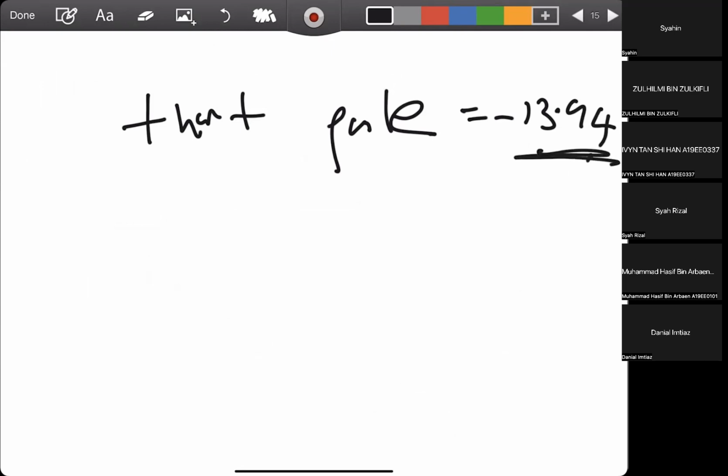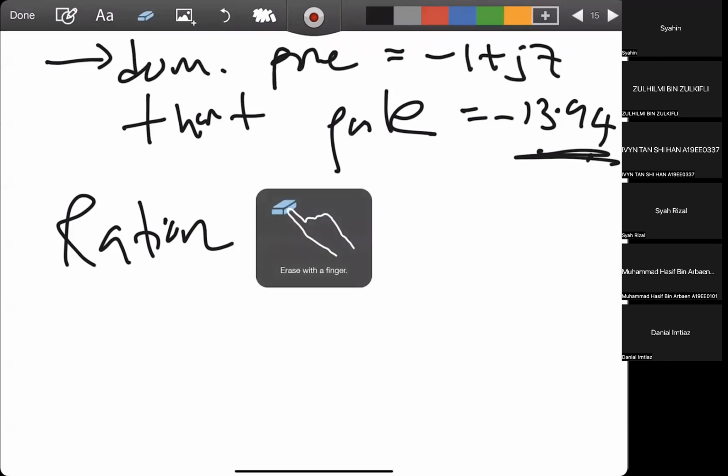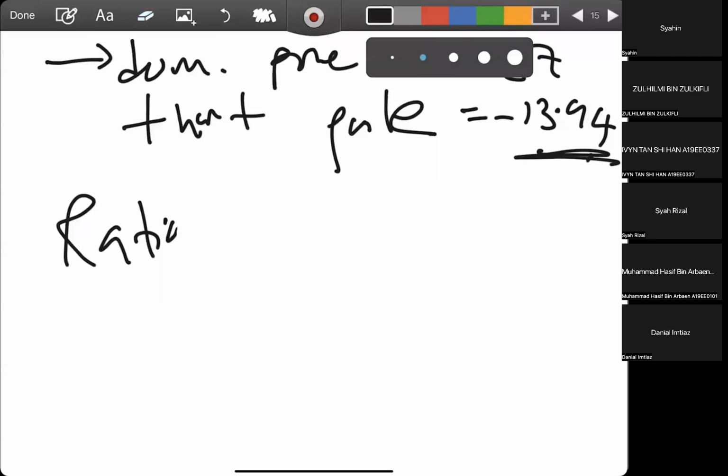Okay. So what is the ratio now? Third pole minus 13.94, dominant pole proposed by the students minus 1 plus j7. So what is the ratio?